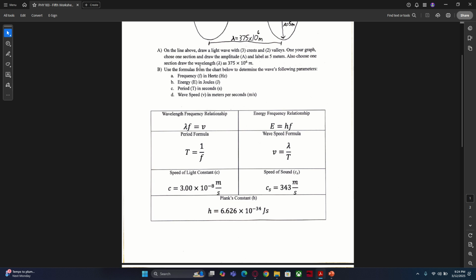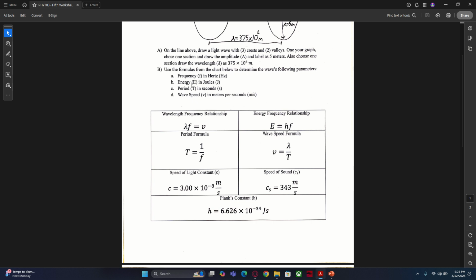Use the formulas from the chart below to determine the wave's following parameters. So of the wave that we just drew, we're going to solve some more parameters for that wave. One of them will be the frequency f, represented in units of hertz, Hz.